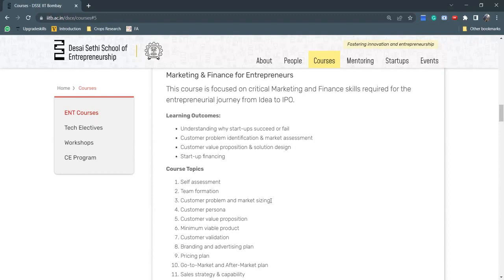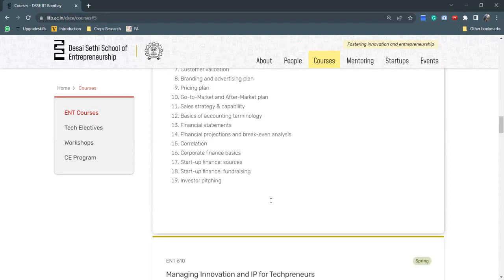So all these learning outcomes you can get through this marketing and finance. Again, this is open to all, and all the students can do it. If you have an idea, good; if you don't, it's okay, you can still do this course just to get a gist of how marketing and finance work in the startup world.